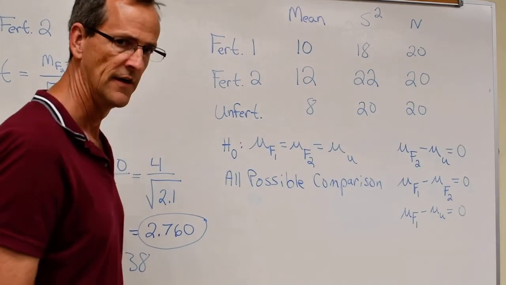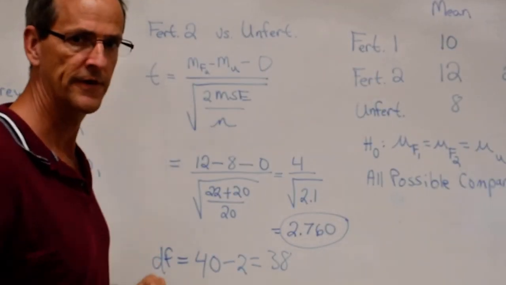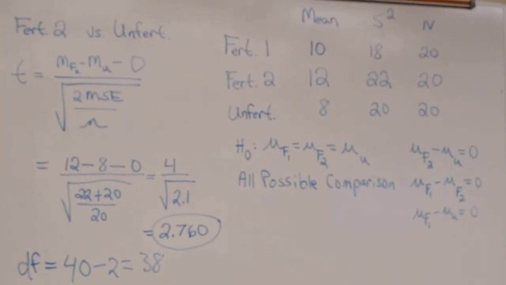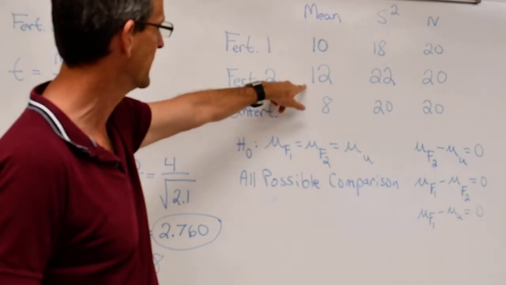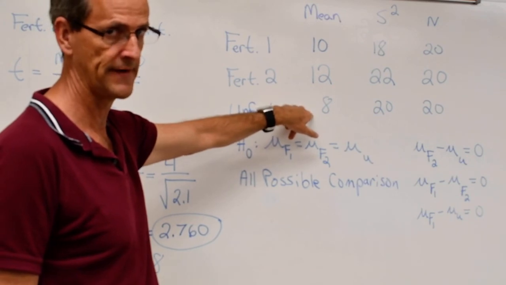Okay, so let's look over here, and in this panel I show the comparison between the fertilized plants and the unfertilized plants. You can still see that the fertilized plants had a mean of 12 and the unfertilized plants had a mean of 8.